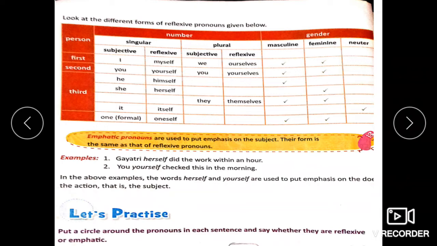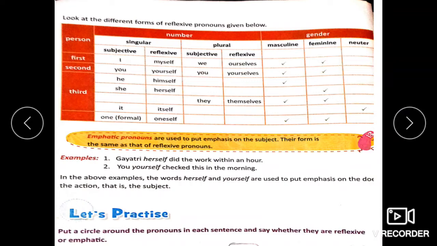Now coming on to the emphatic pronouns. Emphatic pronouns are used to put emphasis on the subject. Their form is the same as that of reflexive pronouns. Emphatic pronouns are again the words myself, yourself, himself, herself, itself, oneself, ourselves, yourselves, themselves.